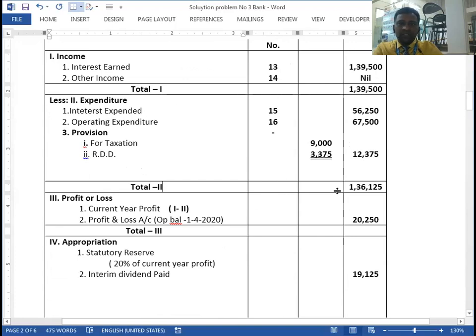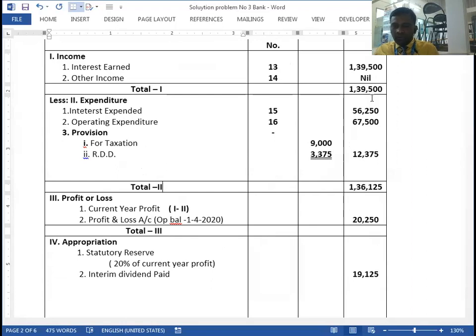Total first minus total second is the current year profit. So 1,39,500 minus 1,36,125. What is the current year profit?